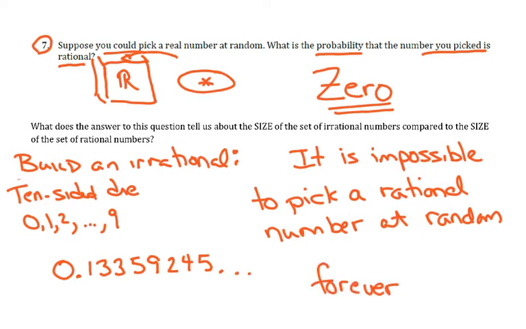Now, this is what we call a thought experiment because, of course, you can't do it, but you can imagine it being done. So imagine that you continue this process forever. If this number was going to be rational, it would have to repeat.